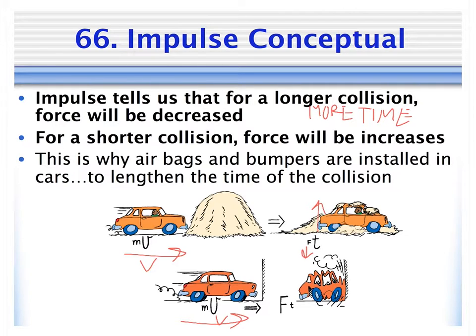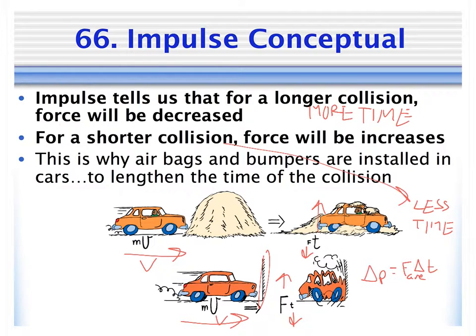For a shorter collision, meaning less time, the case of colliding with a brick wall here, the time goes down, meaning that the force will increase. And that all comes from this idea that the change in momentum is the average force multiplied by the change in time. So if this time increases, that force decreases to keep the same change in momentum. All right, and vice versa.